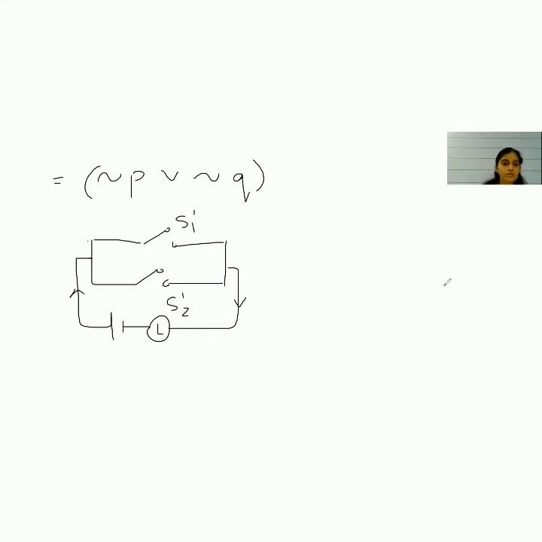So the third question, what is the equation that they have given us? (P or negation Q) or negation R, in one bracket, and (P or Q) and R in the other bracket.